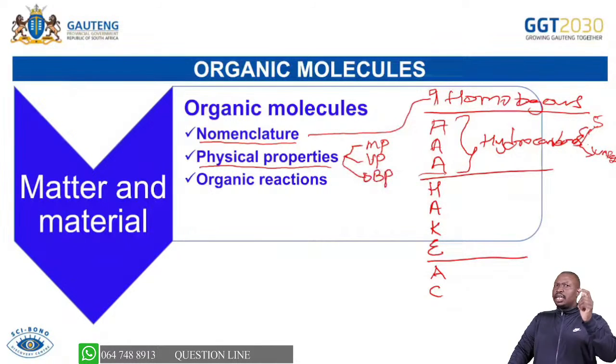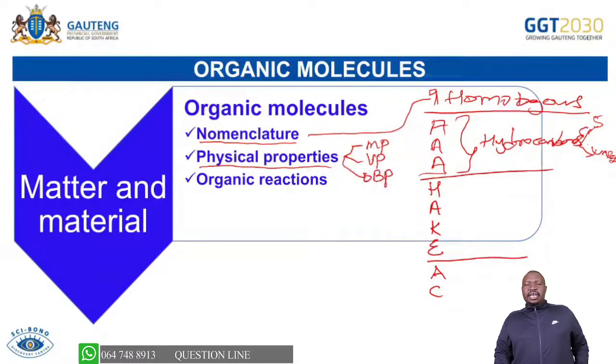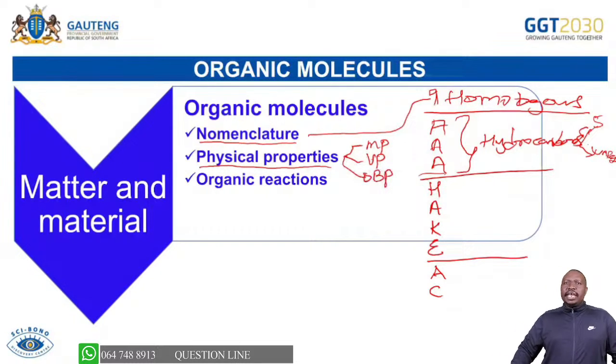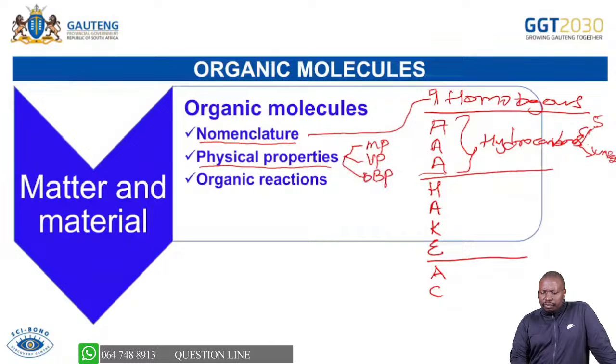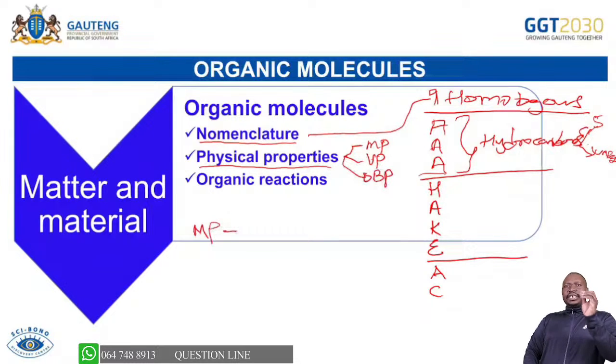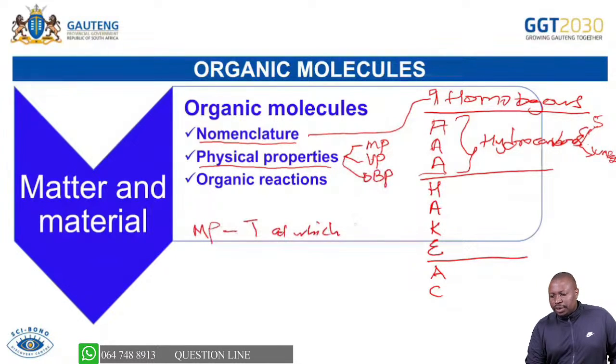When you're doing question 3, you're expecting that you will get a definition of melting point, vapor pressure, or boiling point. So remember, as you define your melting point, it's not a point. We emphasize that all the time: melting point is not a point, but it's a temperature. It's a temperature at which the solid phase and the liquid phase are at equilibrium.